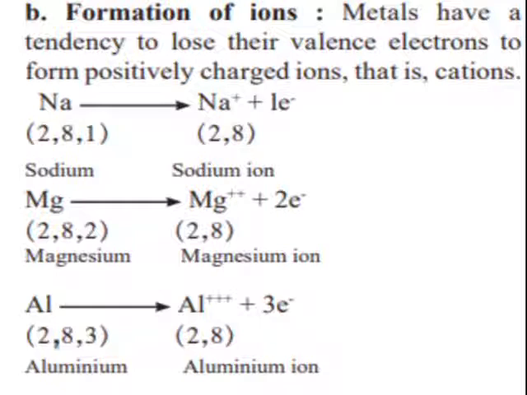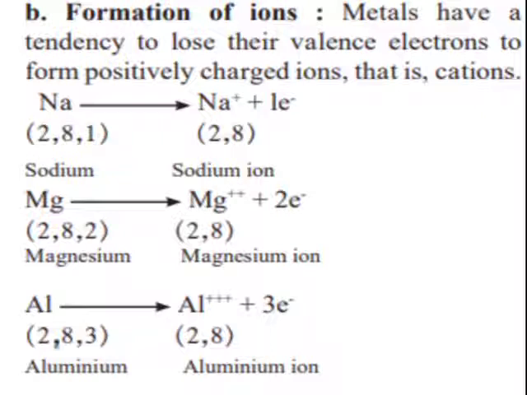That means the outermost shell contains only 1 electron. So the sodium atom gives away 1 electron, and that means it carries a positive charge. So it becomes Na+, a positive charge. Now the electrons are 2, 8, and since 1 electron is given away, it is Na+ plus 1 electron. So this is the formation of the sodium ion.